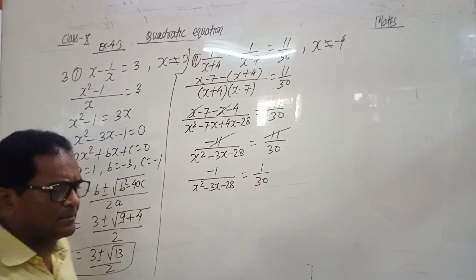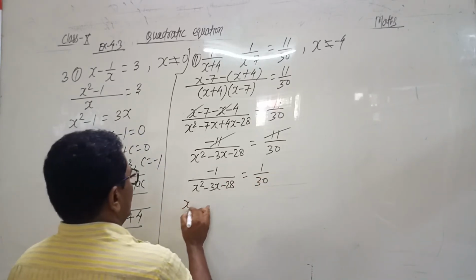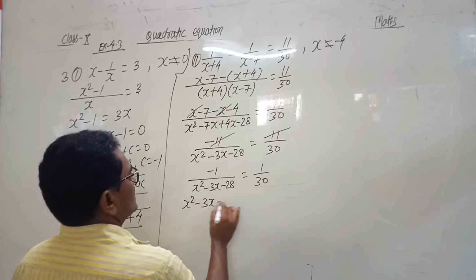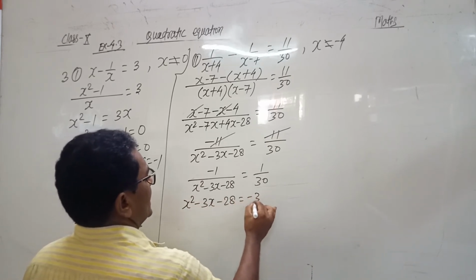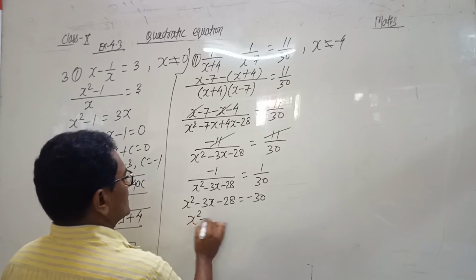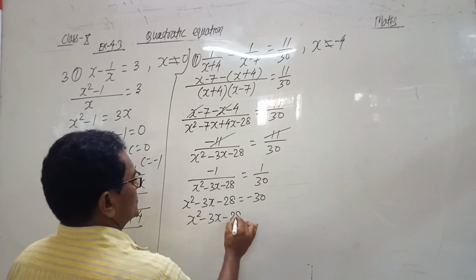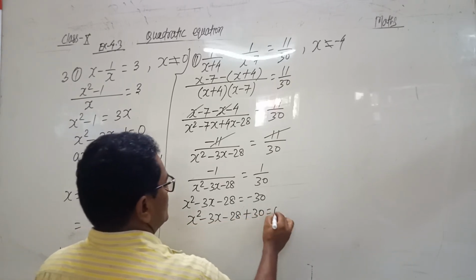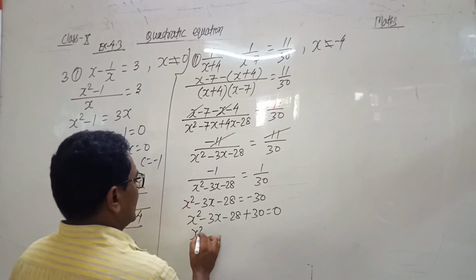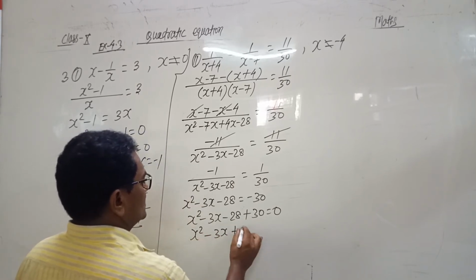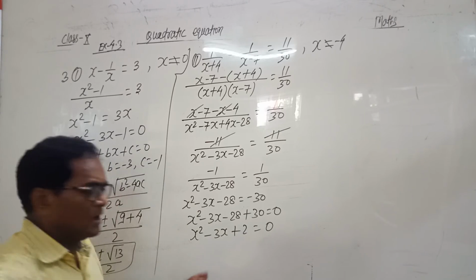Do cross multiplication. So x square minus 3x minus 28 equals minus 30, and x square minus 3x minus 28 plus 30 equals 0. And we get x square minus 3x plus 2 equals 0.